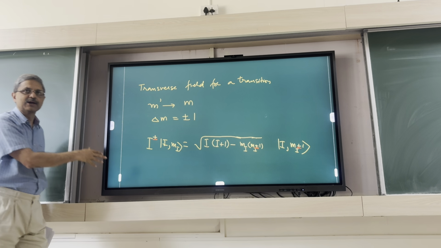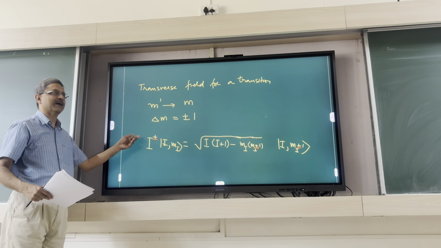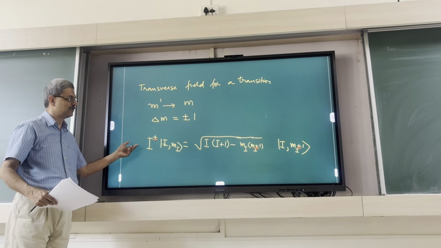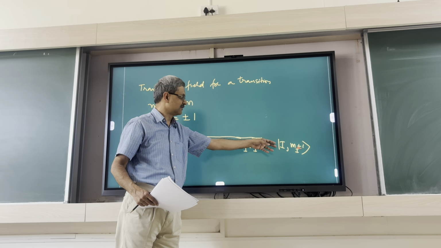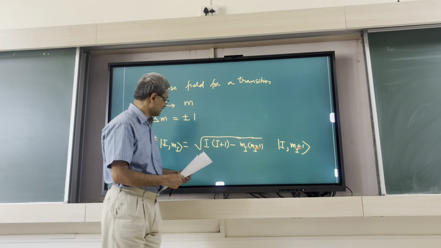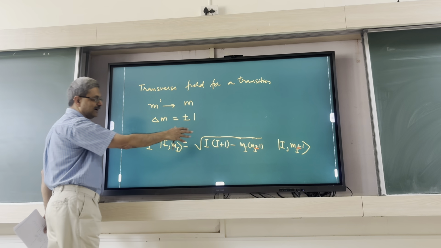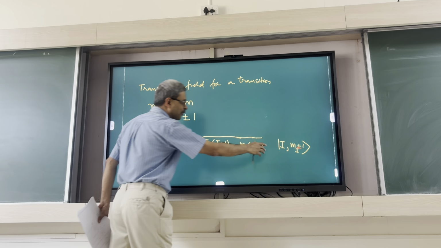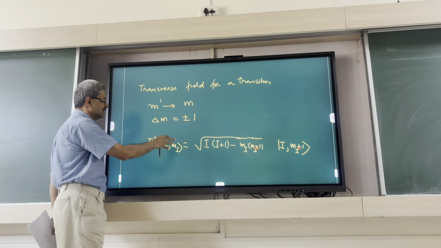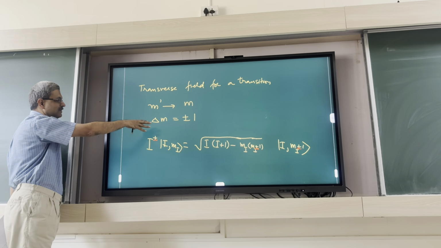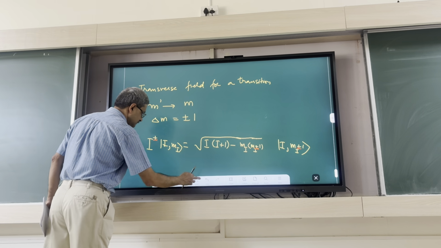When you're trying to calculate expectation values, on the left side you will have some m prime. When you multiply from the left by I m prime, you will get a non-zero value only when that m prime is m plus 1, if there's an I plus. So you get transitions only with plus or minus 1, possibly.